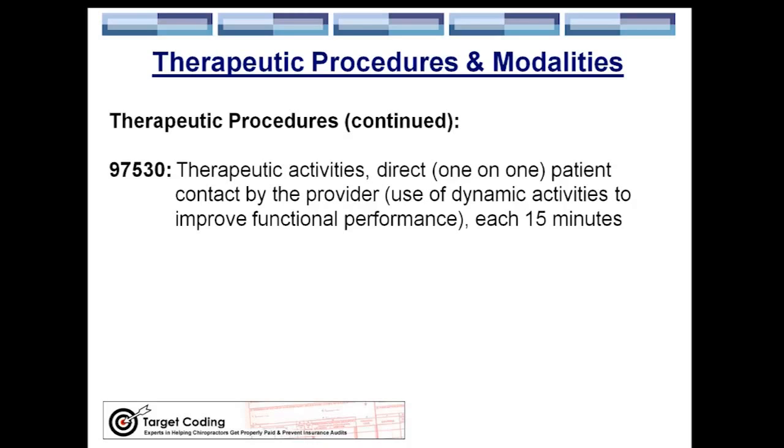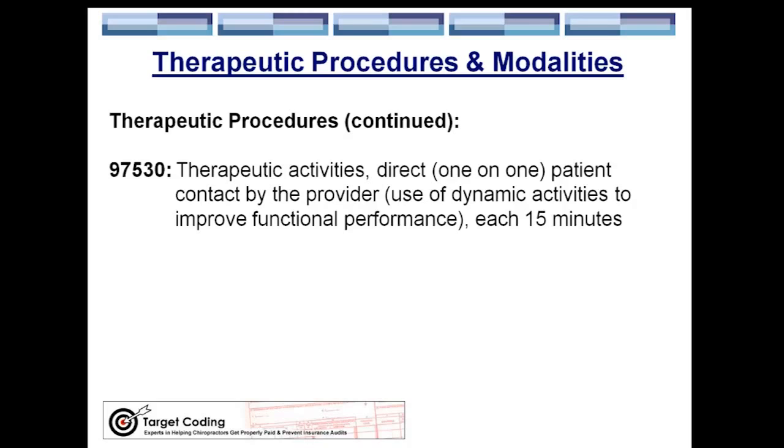You have to be directing the patient to use dynamic activities. What does that mean? Certain motion, certain exercises, certain activities that relate to an activity of daily living that the patient is doing in their normal day. It's used in this sense.